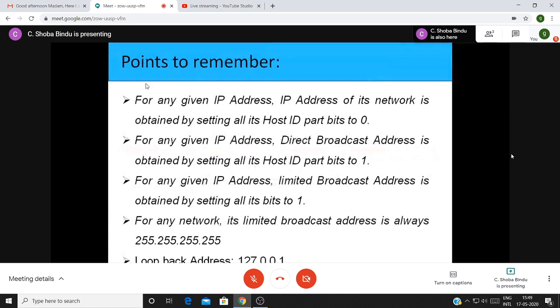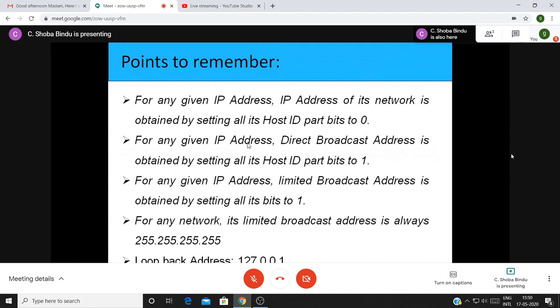There are a few points that we have to remember. For any given IP address, its network address is obtained by setting all its host ID part to 0. That is the first address of a network. We call it the IP address of that network.